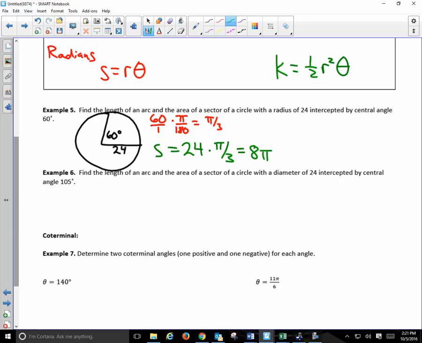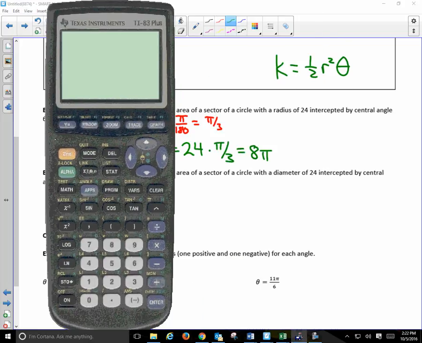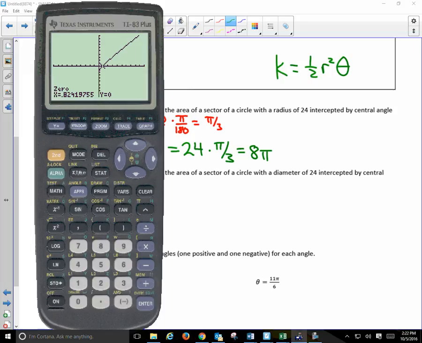What if I didn't want to list it in terms of pi? What if I wanted to list it as a decimal? What would I do? Yeah, just 8 times pi. I'm going to go 8 second pi, and I'm going to list it to the nearest tenth. 25.1. That's the arc length.